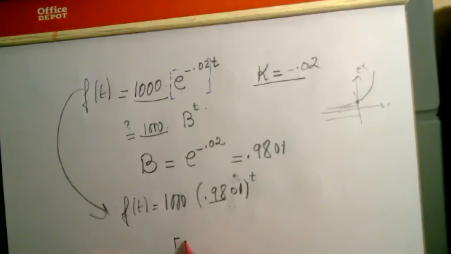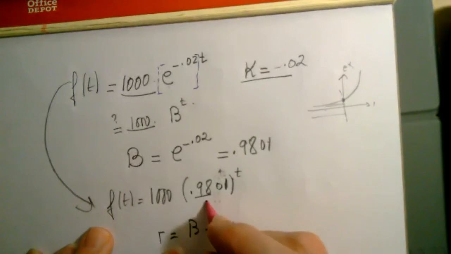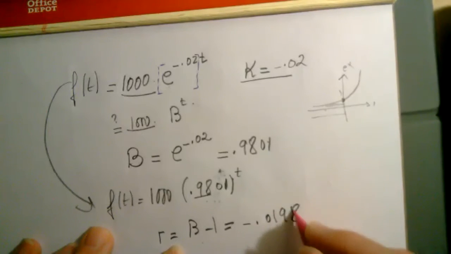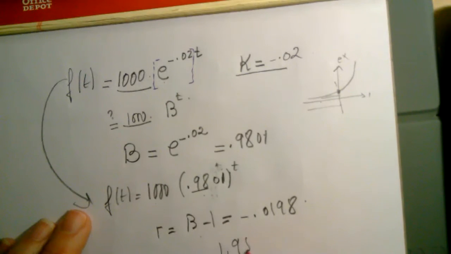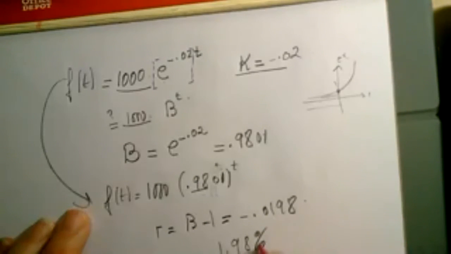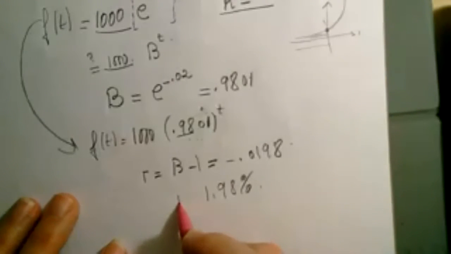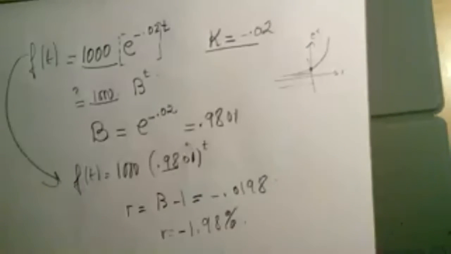So if I want the rate, it's always b minus 1. If I take this number and take away 1 from it, I will get minus 0.0198. It means this is decreasing at the rate of 1.98%. It's negative because it's decreasing, at the rate of minus 1.98%. So it tells me by how much it's decreasing when I know the b, so we can understand it better. But the other form will be easier to work with eventually.